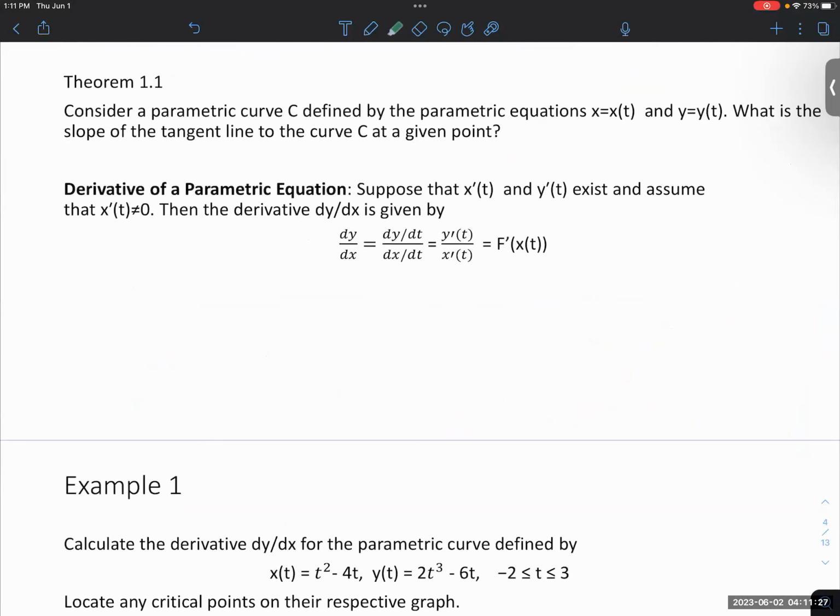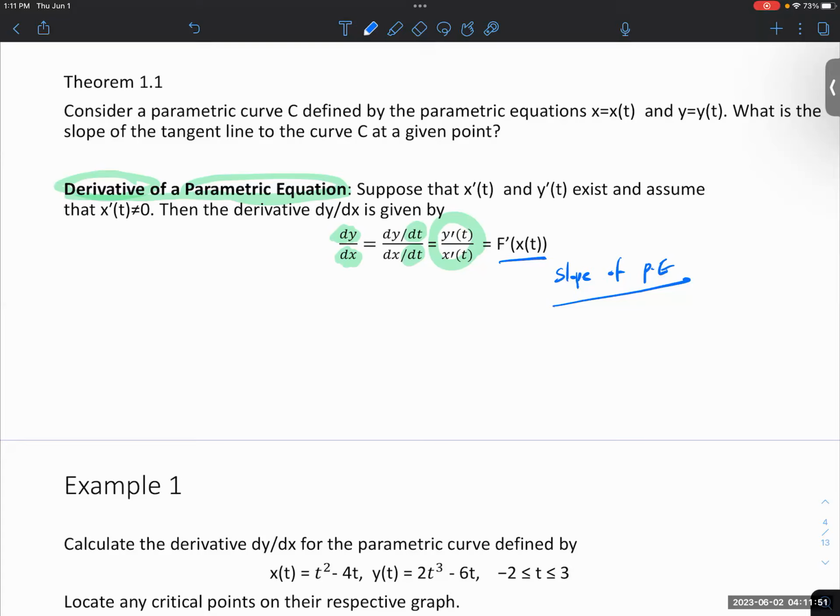You can find the slope of the parametric equation by taking derivatives. Therefore, you take the derivative of the y function and the x function with respect to the t variable, and that's going to be the slope of the parametric equation we just observed.